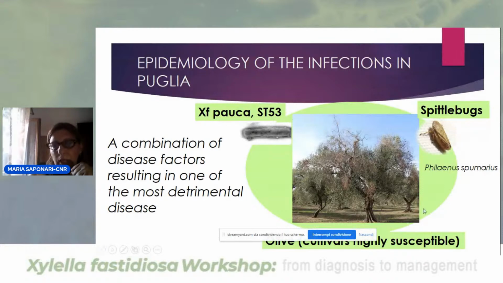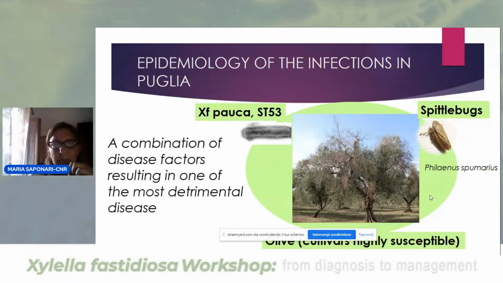However, we have climatic conditions and highly susceptible olive cultivars. The most ancient olive cultivars unfortunately resulted highly susceptible to the pathogen. So even if we do not have multiple strains or several insect vectors, we are dealing with a very severe epidemic, because the combination of these factors is very detrimental.